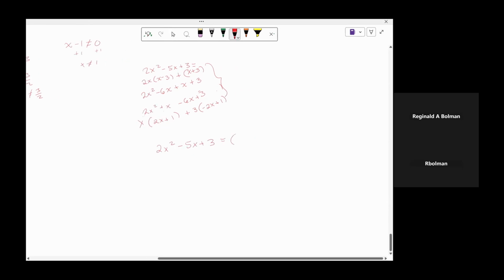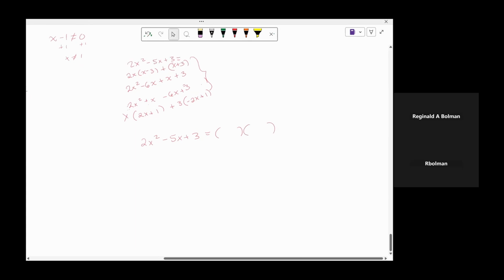So when you multiply these together, you've got to have your factors add to this -5. And what that means is that one of these factors, because the x terms will have to multiply to be 2, and 2 is a prime number, you can already guess that one of the factors must have a 2x and an x. But then also one of the factors must have a 3 and a 1.